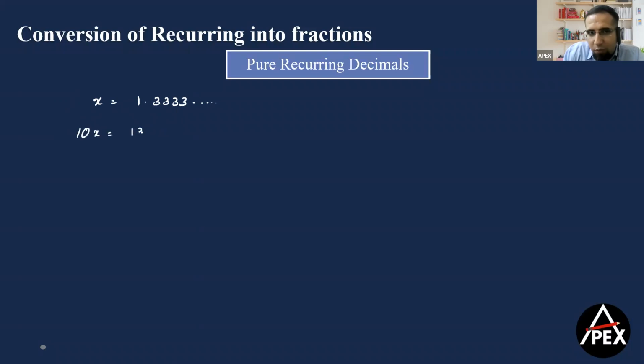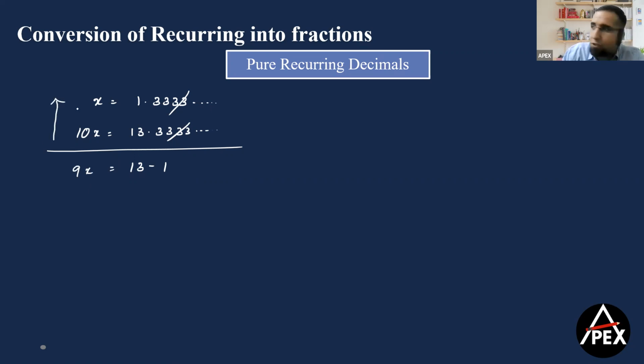So I write 10x is equal to 13.33333, which is repeating. Now, if I subtract both of them, what do I get? I get 13 minus 1. This part gets cancelled. Repetition part gets cancelled. And on the left-hand side, we have 9x. I repeat, I'm subtracting equation 1 from equation 2. So if 9x is equal to 13 minus 1, then we get the value of x is equal to 13 minus 1 divided by 9.